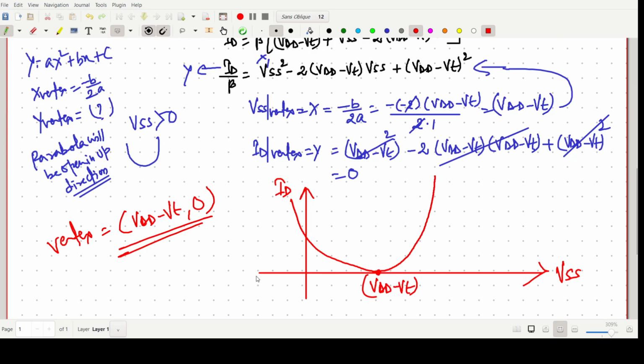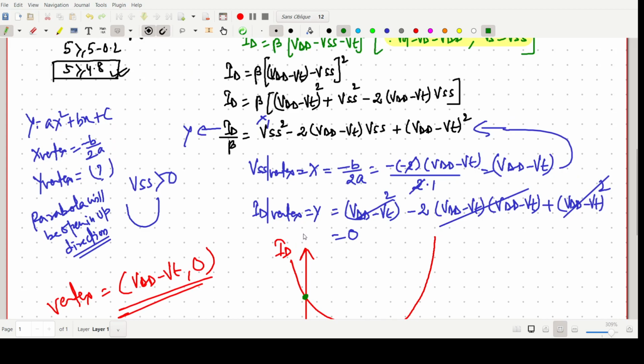It will cut the y axis somewhere, and one can easily find this point when VSS is 0. On the ID axis, when VSS is 0, it will give the maximum value. If we put VSS as 0, the value will be beta times (VDD minus VT) whole square, so this will be the ID maximum.